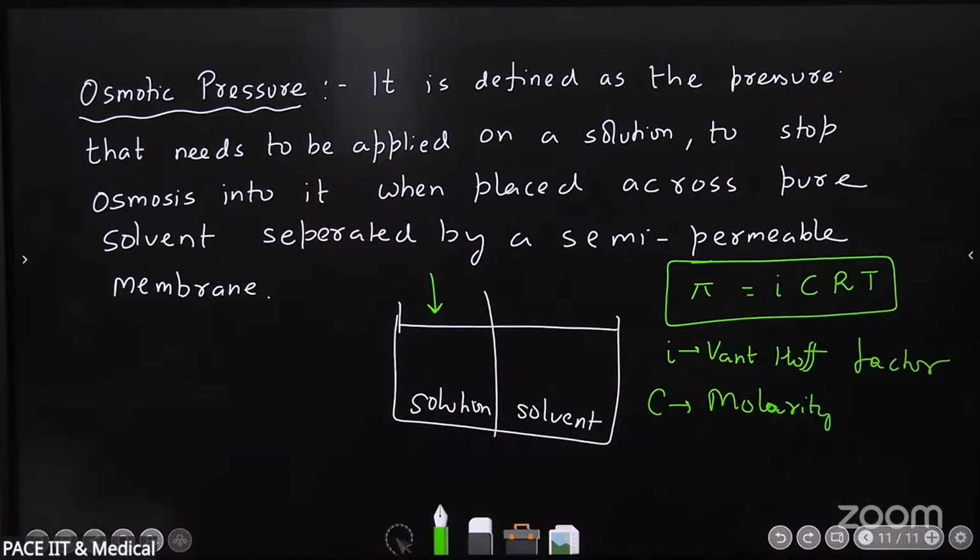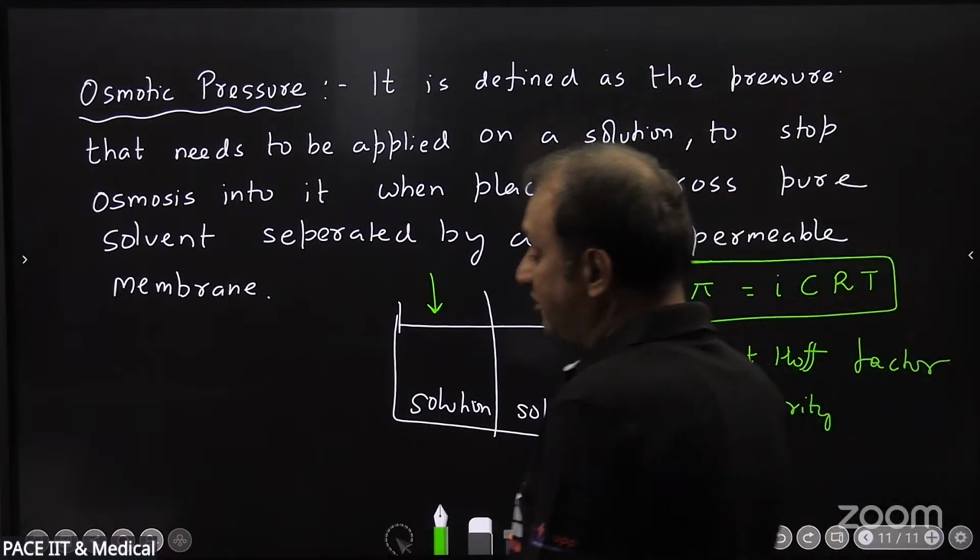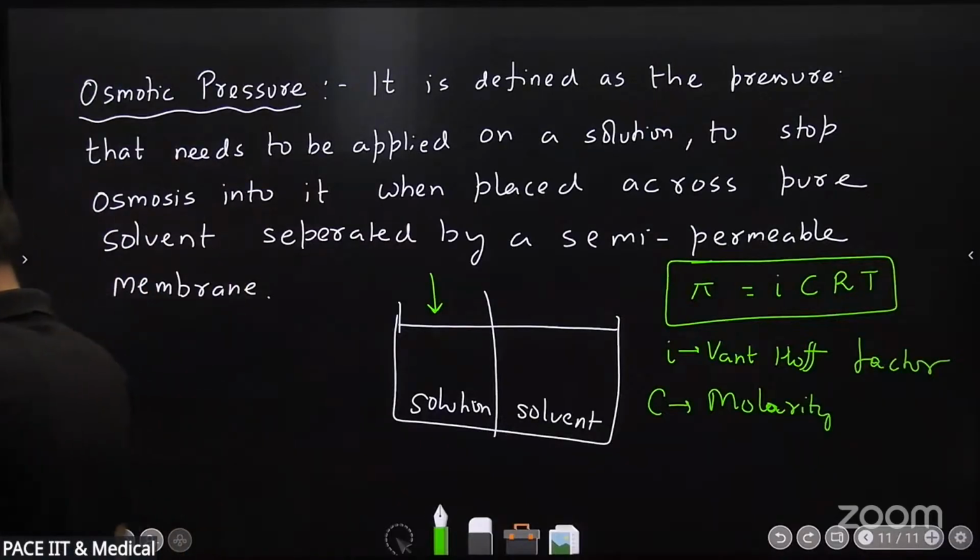R, you all know, is the universal gas constant, and T is the absolute temperature, that is, temperature in Kelvin. So this is how we define our third colligative property, that is osmotic pressure.